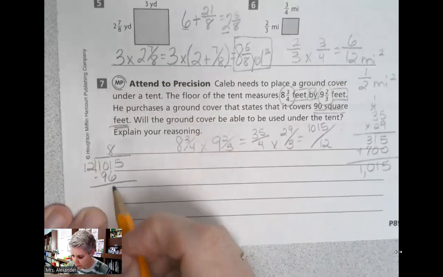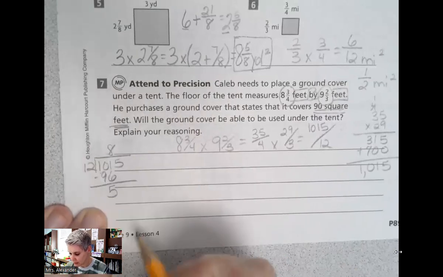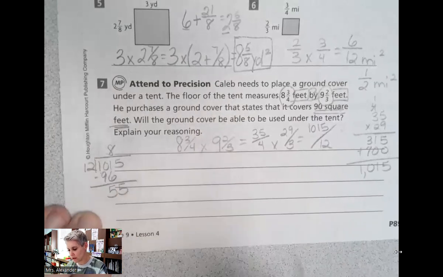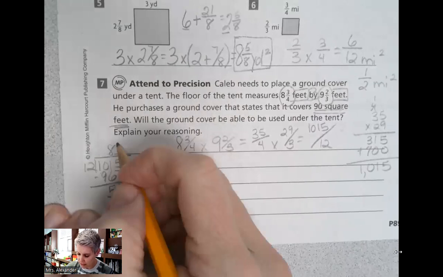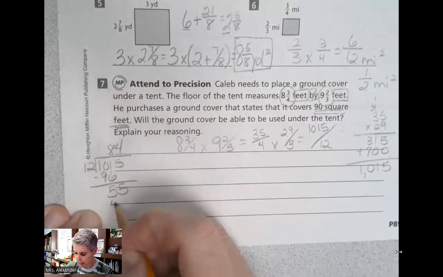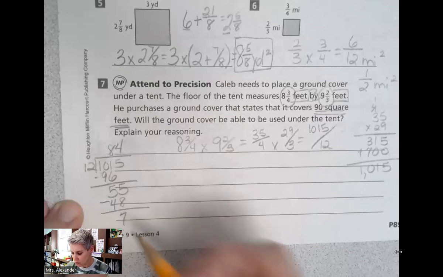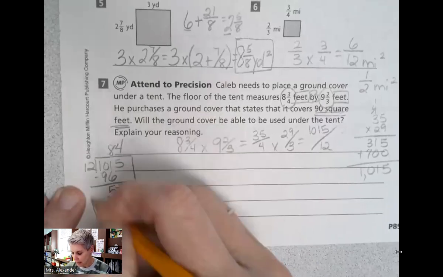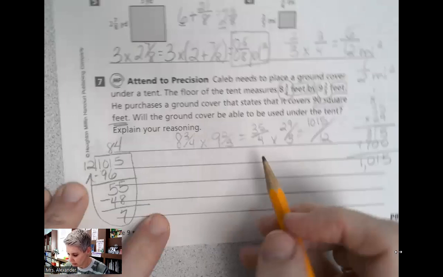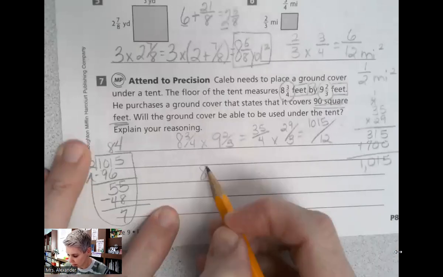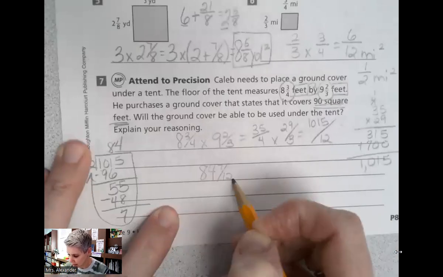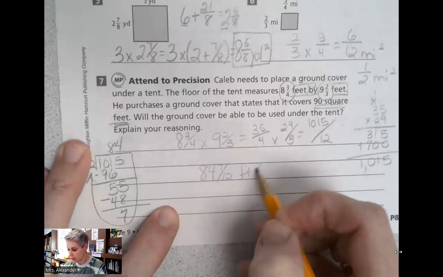That's pretty good. Leaves me with 5. I bring down my 5. 12 goes into 55. I want to say 4 times. That's 48. When I subtract, I get 7. So I have 84 and 7/12, and that is square feet.